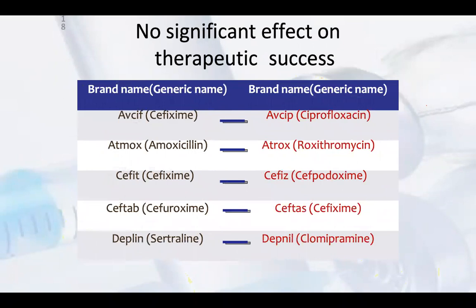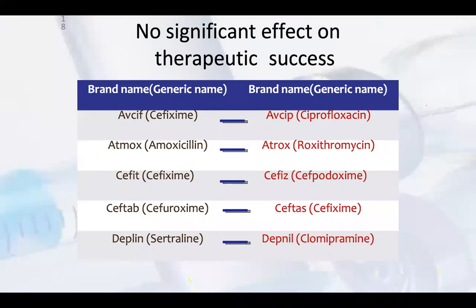Furthermore, we can say that cefixime is there, and there is ciprofloxacin. Ciprofloxacin is antibacterial, cefixime is a cephalosporin. They can both act there, but there is confusion. Then amoxicillin is there, Atrox is there, roxithromycin is there.